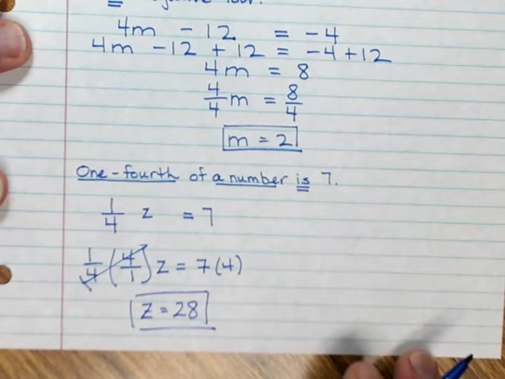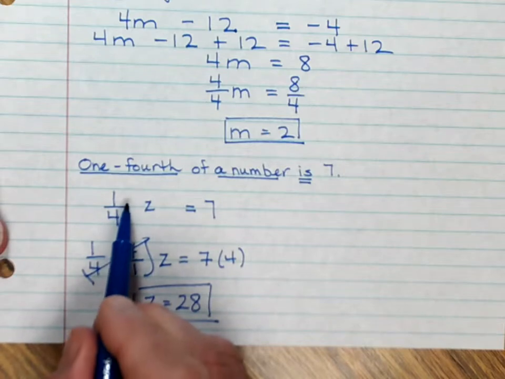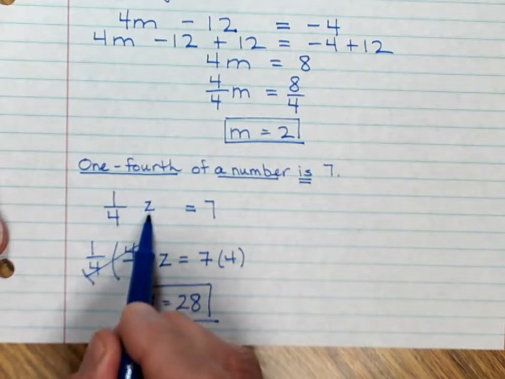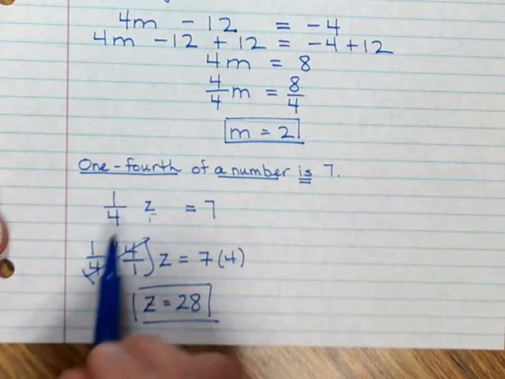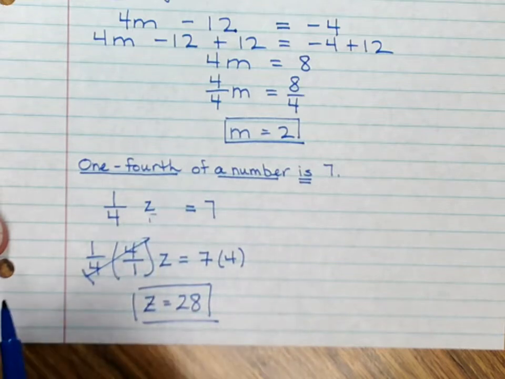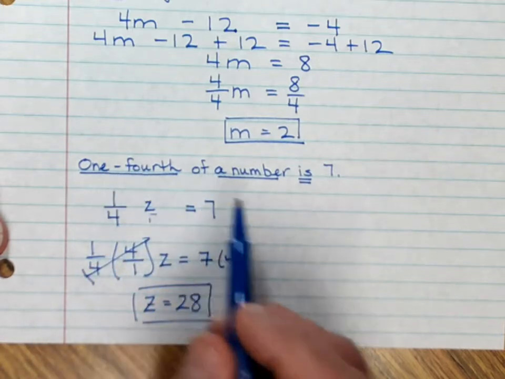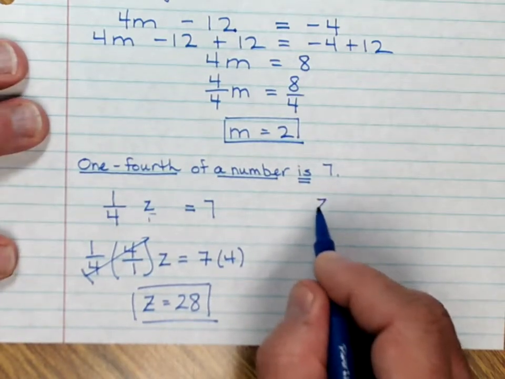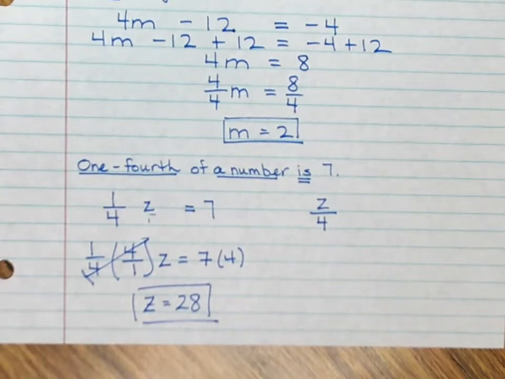Now, I did mention there were two ways to show this, and I'm going to show you the second way. If you wanted to, this z could be on top of a 1, and so you can multiply straight across. 1/4 of a number is 1/4 times z. It could also be a division problem. 1/4 of a number could be z over 4. We emphasize often that of means multiplying, but at times it can also represent division, in this case.